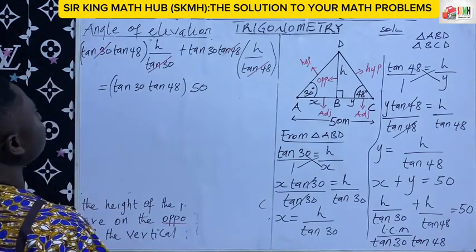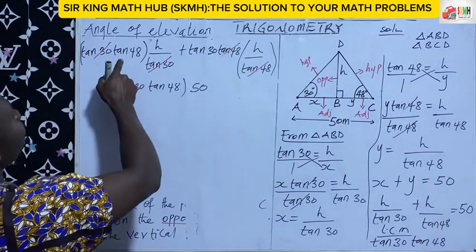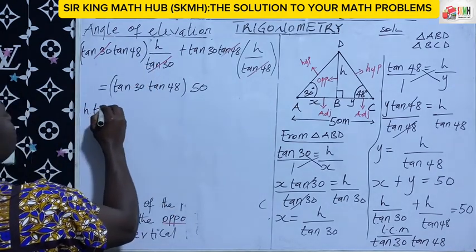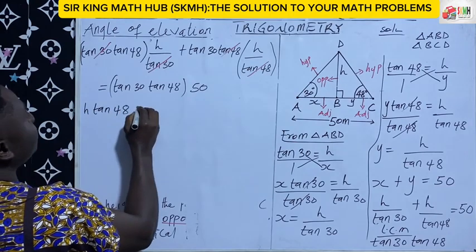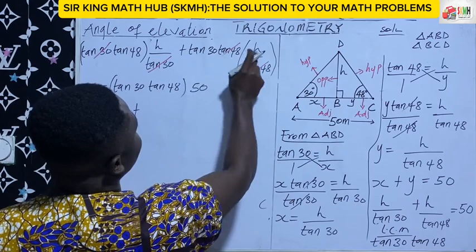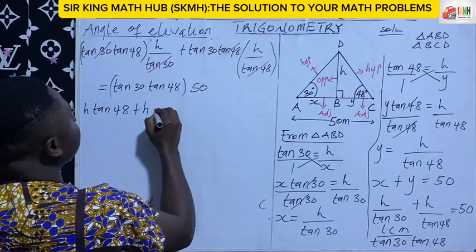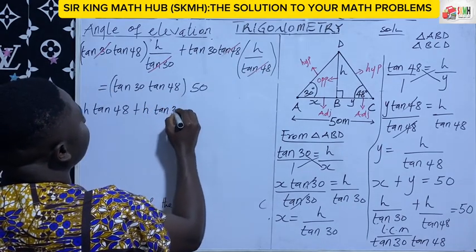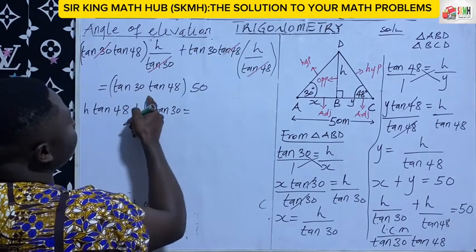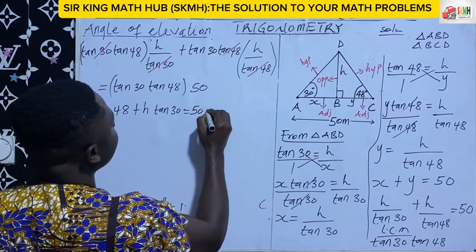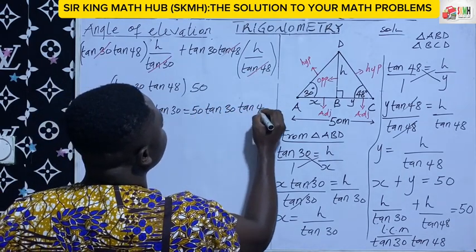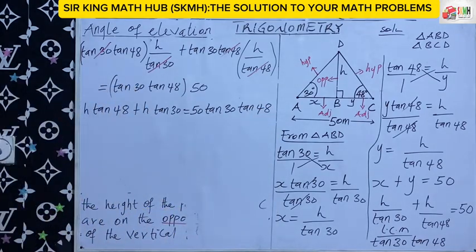That should give us tan 48 times h for the first term, plus tan 30 times h, and everything should be equal to 50 times tan 30 tan 48, that is 50 tan 30 tan 48.